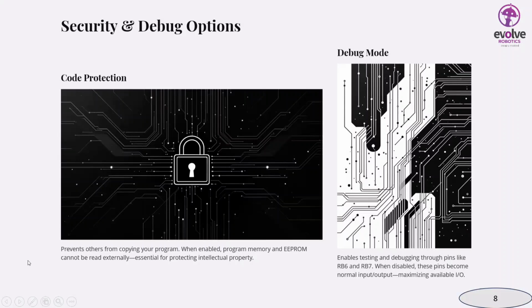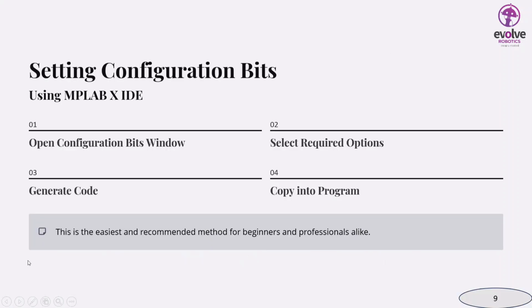Now let's check how we can set the configuration bits. We can set configuration bits using MPLAB X IDE. First step is to open the configuration bits window. Next, select the required options.